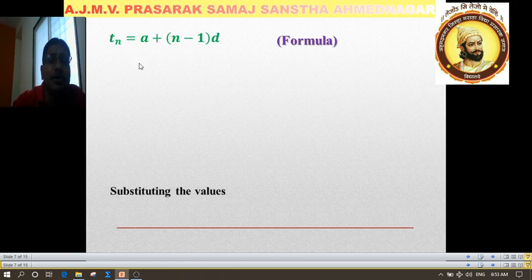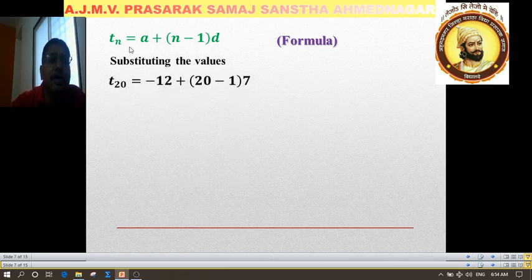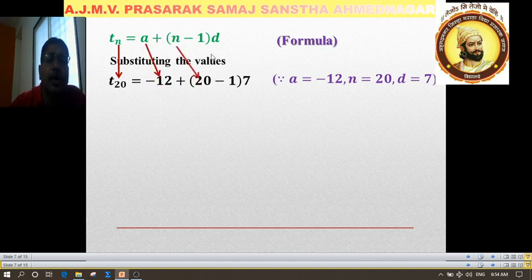Now substituting the values of n, a and d: a is equal to -12, n is equal to 20 and d is equal to 7.